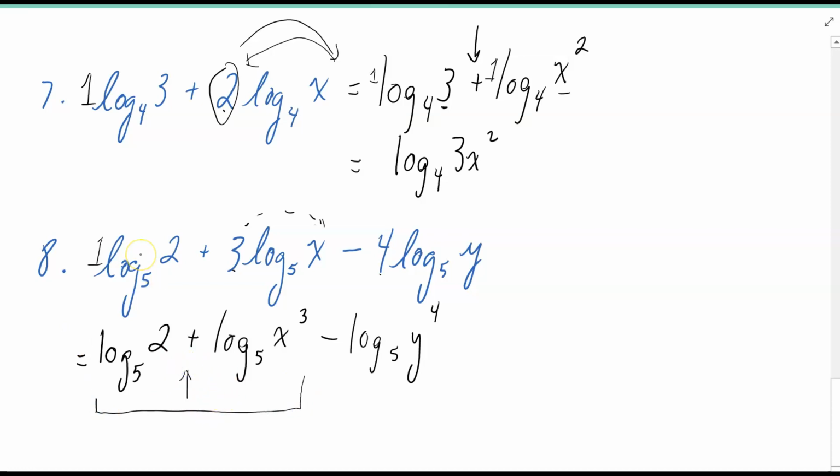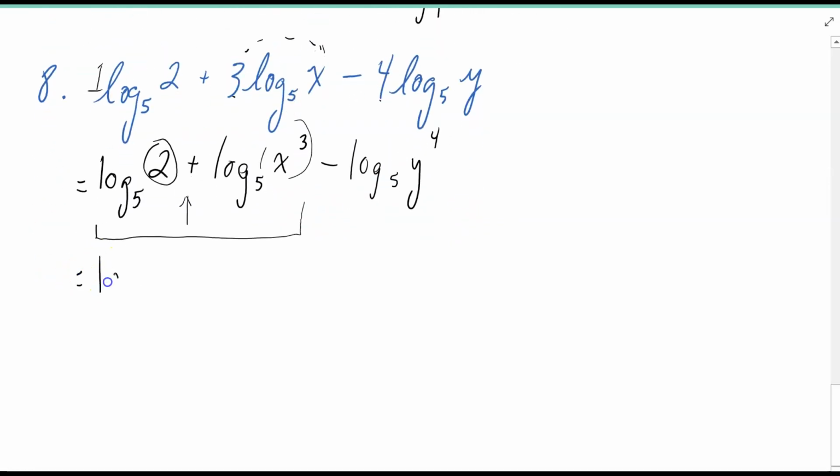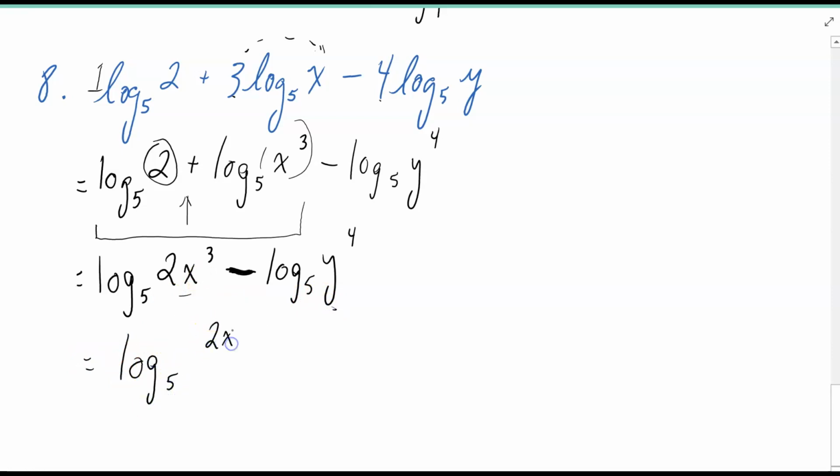A sum means I can combine them to a single logarithm base 5 if I do a product of 2 times x cubed. So it will be log base 5 of 2x cubed. And we still have to do minus log base 5 of y to the 4. When we have a subtraction, we can combine them into a single log by taking the quotient of the two arguments. So that is log base 5 of 2x cubed over y to the 4.